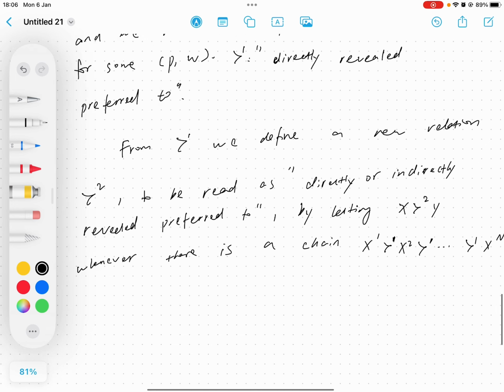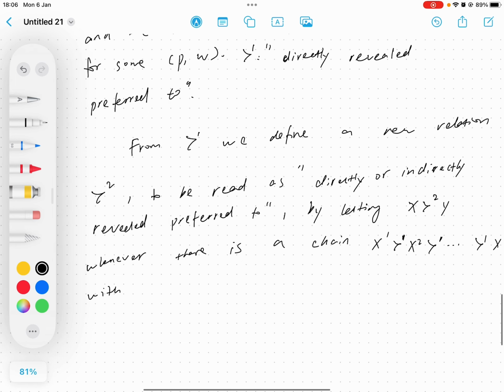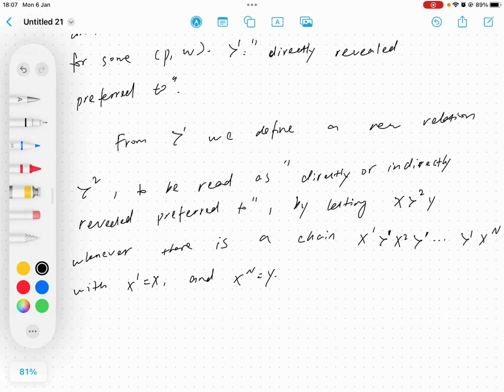The first one will be x, and the last one will be y. That'll be the second relation that we define using the first one.